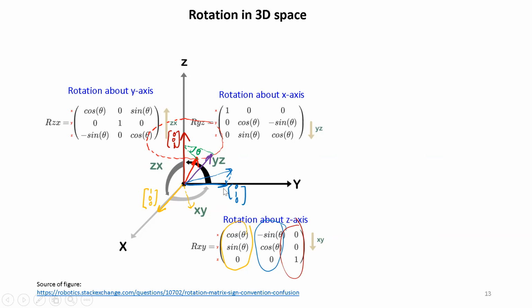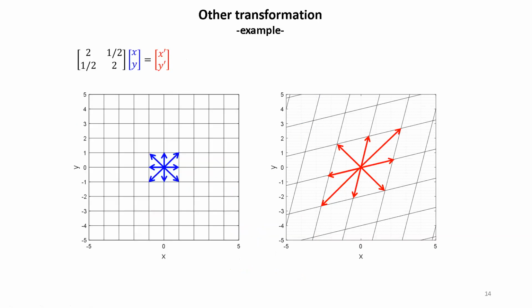And same idea, so you'll be able to construct the rotation matrix about the x-axis and the y-axis. So in the previous few cases, we have this situation where the geometric meaning is very common and clear.